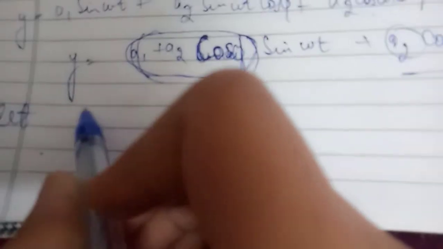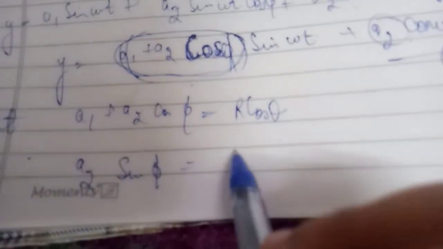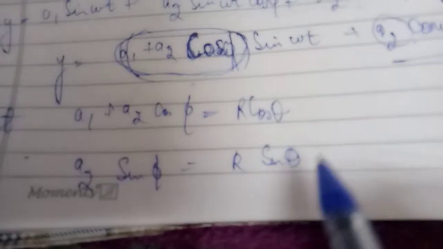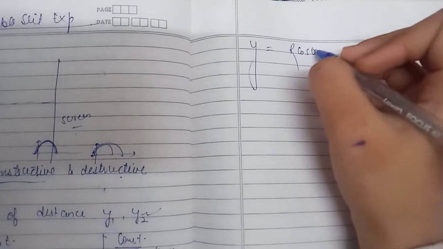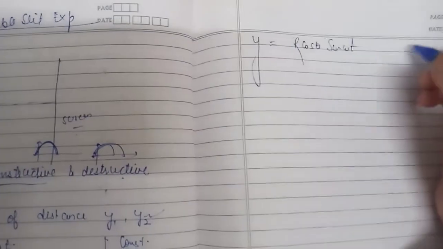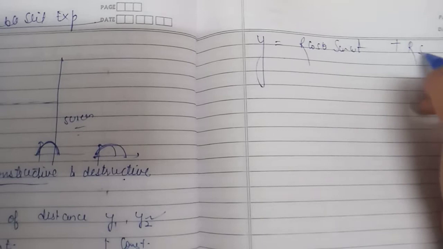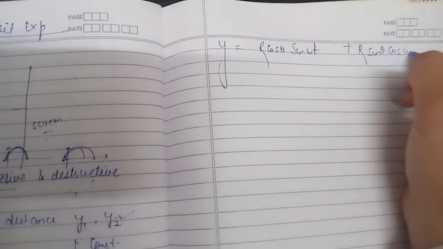So y equals (a1 plus a2 cos phi) sin omega t plus a2 sin phi cos omega t. For simplification only, this step is not mandatory, let a1 plus a2 cos phi equal r cos theta and a2 sin phi equal r sin theta, removing the phi factor. Put this in equation 1. So the equation becomes y equals r cos theta sin omega t plus r sin theta cos omega t.